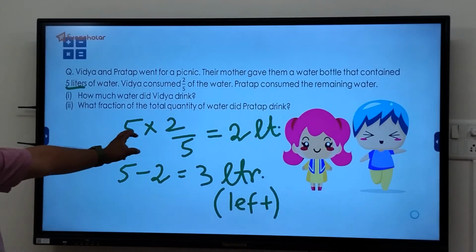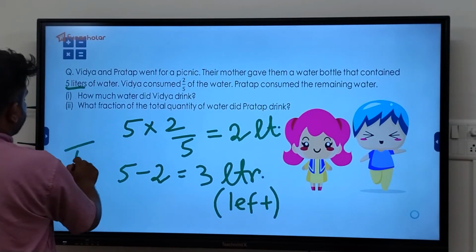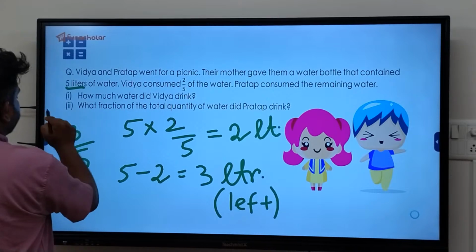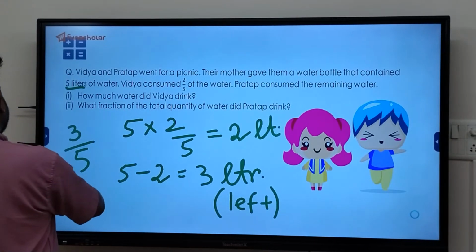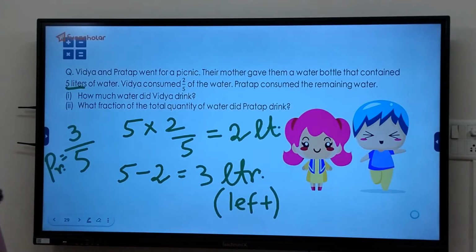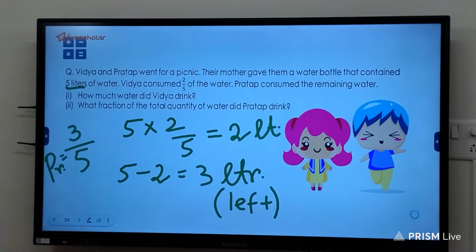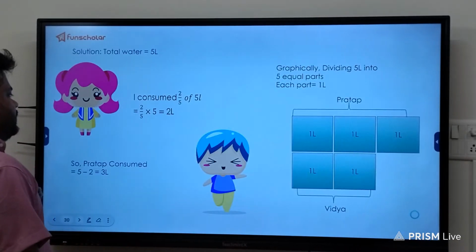Pratap consumed the remaining water, that means 3 liters. So out of 5 liters, Pratap drank 3 liters, and that will be 3/5.